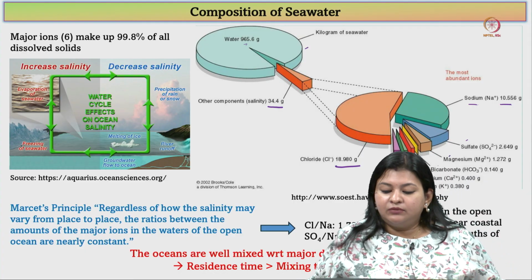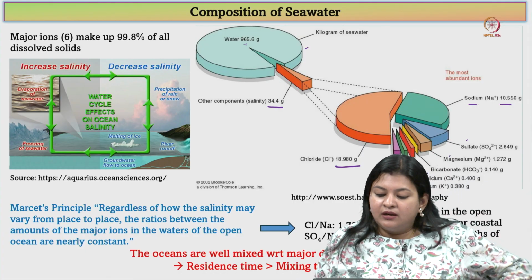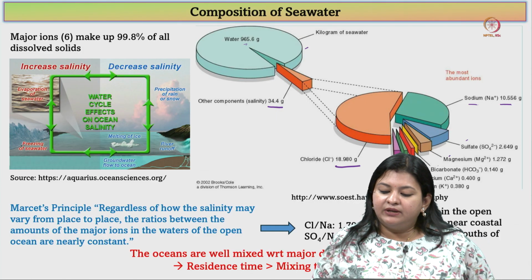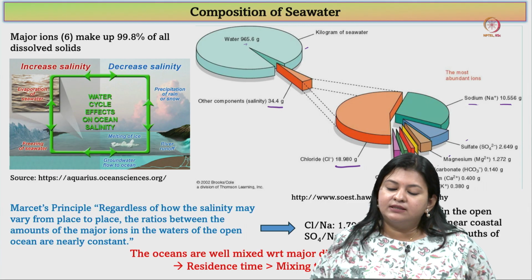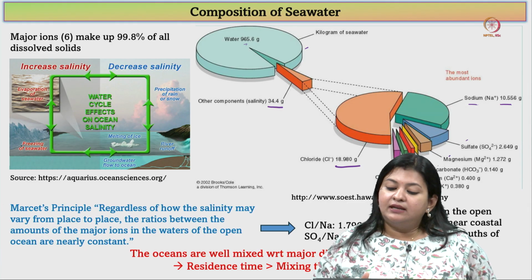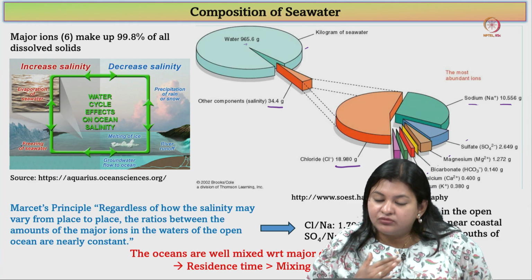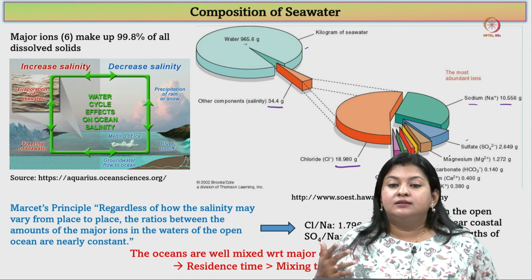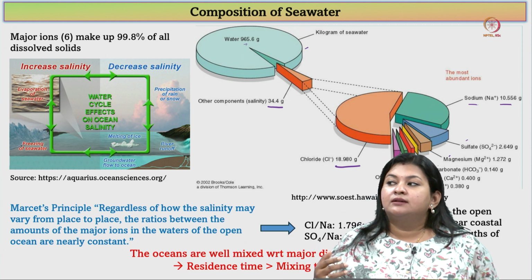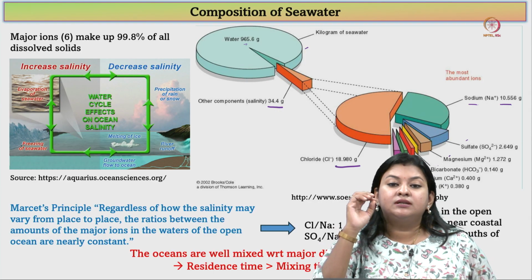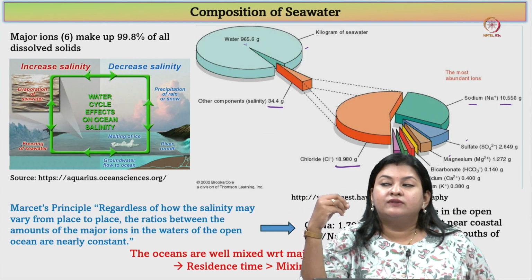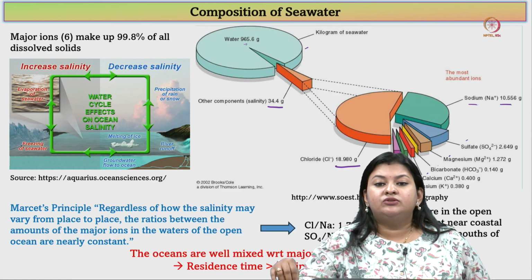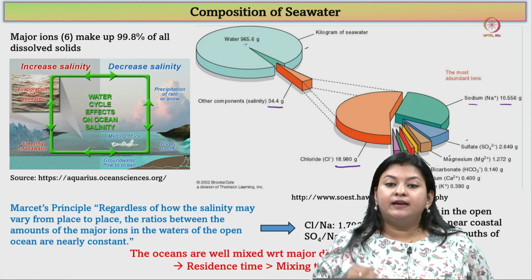So, sodium, chloride, sulphate, magnesium, calcium, bicarbonate and potassium are the major ions that make up most of the seawater, and for everything else, silica, which is also a nutrient, nitrates, phosphates, and all the trace elements, the concentration is going to be very, very low.